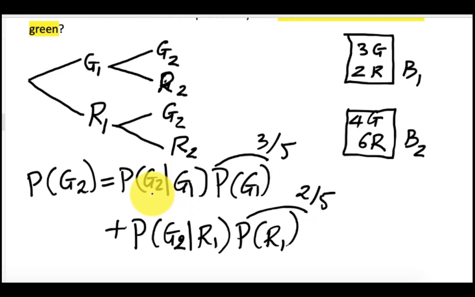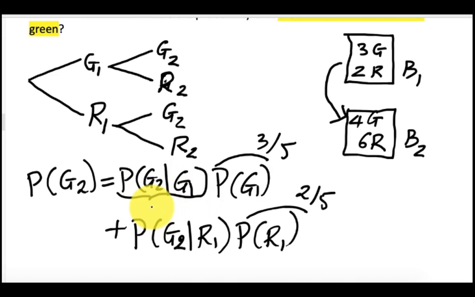Now, what is the probability of G2 given G1? It is the probability that you get a green ball from box 2 if the first chosen ball is green. So if you select one green ball from box 1 and you move it to box 2, then in box 2 there are 11 balls and 5 of them are green, not 4.